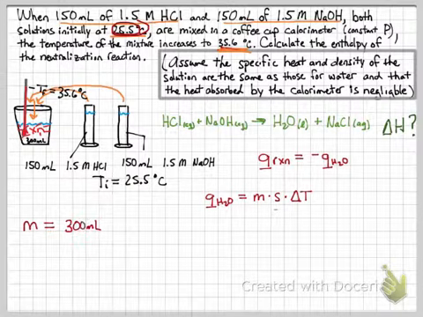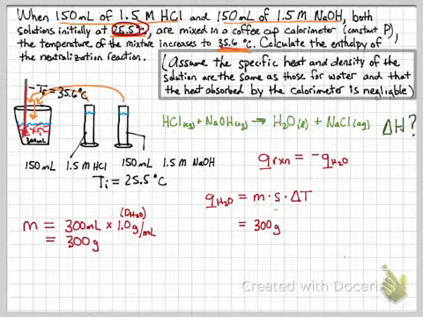Once the two solutions were mixed, the density of water is 1 gram per milliliter, and therefore our 300 milliliters should weigh 300 grams. So we can insert that into the equation. The specific heat of water is known, 4.184 joules per gram degree Celsius.